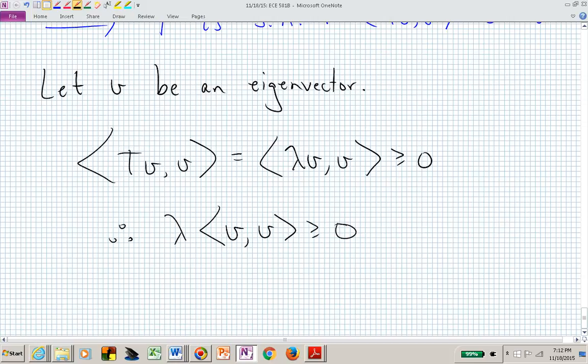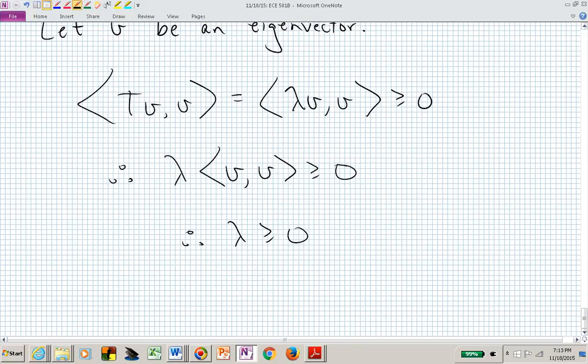That's always non-negative, which now says that lambda is greater than or equal to 0, or that lambda is non-negative. So now we've shown that, in fact, statement A implies B.